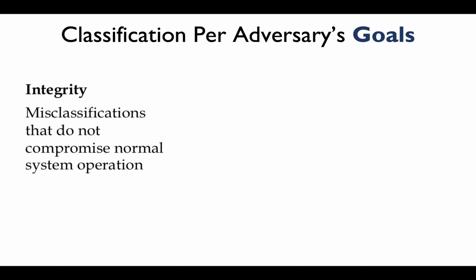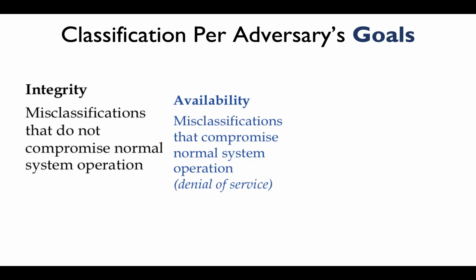So let's start by talking about the adversary's goal. An adversary's goal could be simply to attack the machine learning model's integrity. That is, the answer the machine learning model is giving should be made incorrect. So if it's a classifier, you would be interested in increasing the misclassifications. You may also be interested in compromising the availability of the machine learning model so that it's not available when it is required.